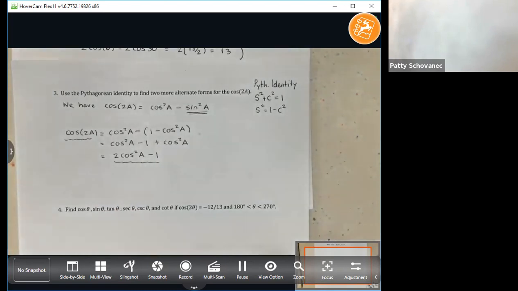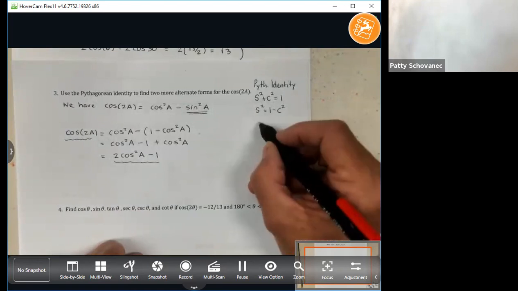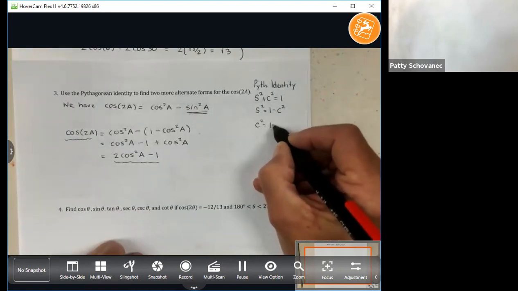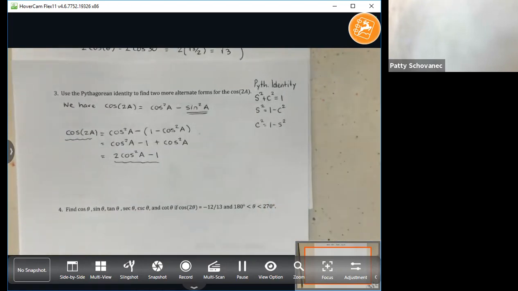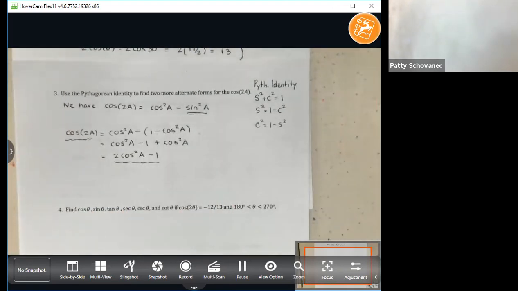My other choice was to go to my Pythagorean identity and solve for cosine squared. Cosine squared is 1 minus sine squared.